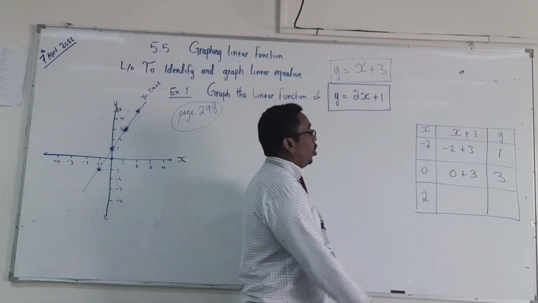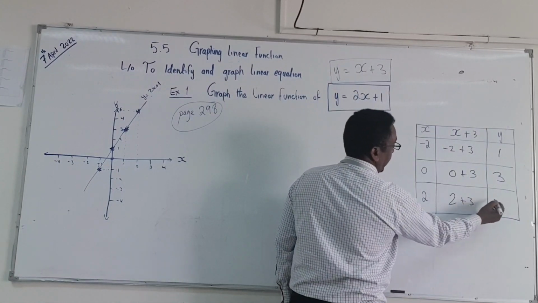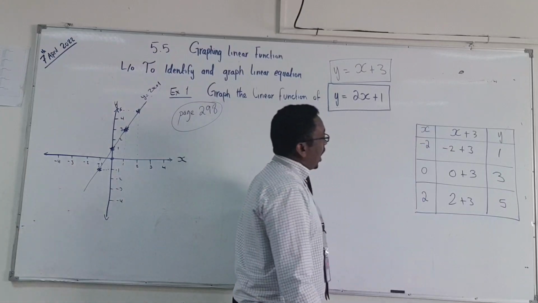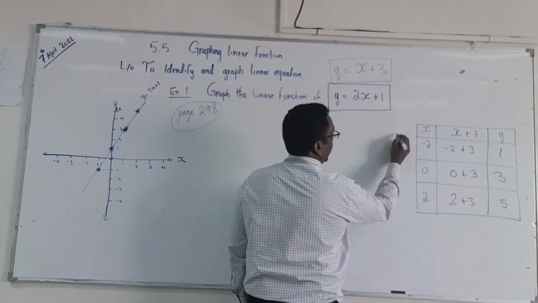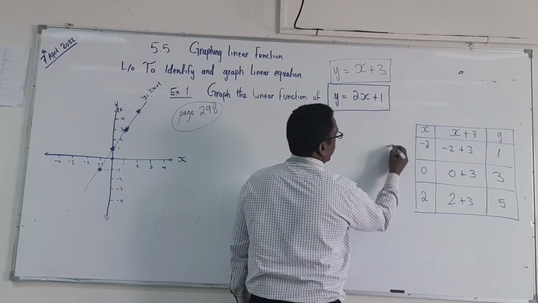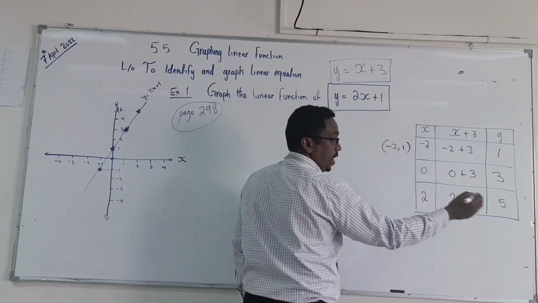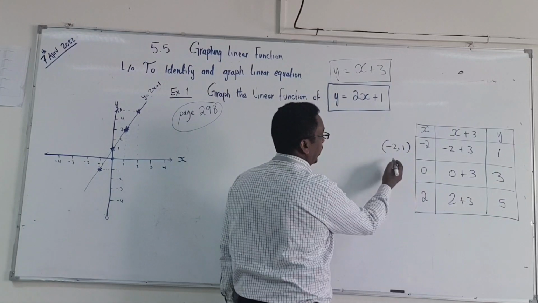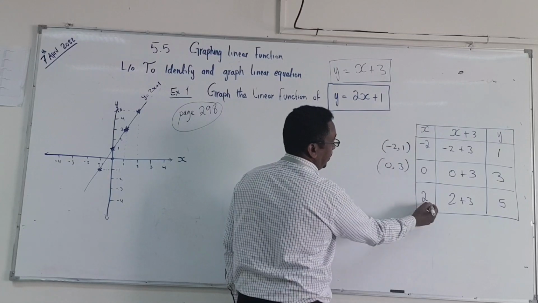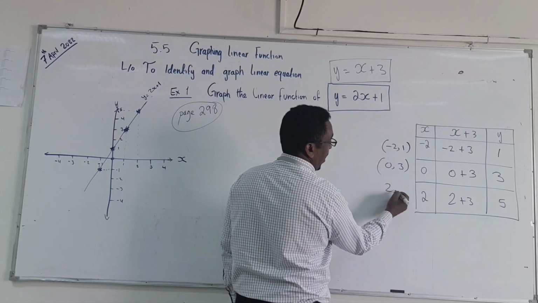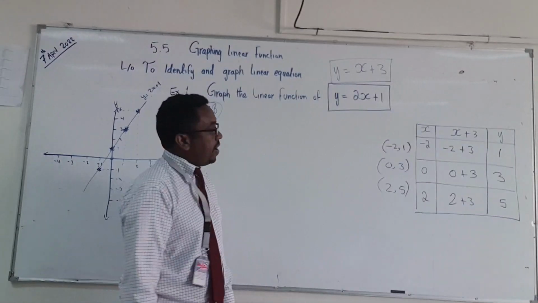Replace the x with 2. So the ordered pairs are minus 2 and 1, then 0 and 3, and the next one is 2 and 5. As simple as that. Now we draw this on our graph.